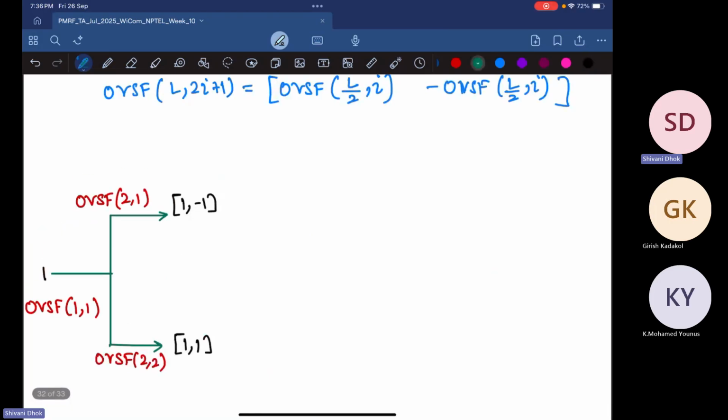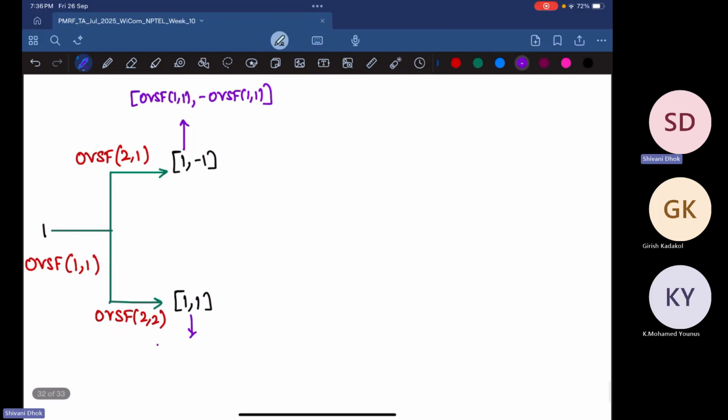So what do we have? This one is basically OVSF of 1, 1, minus of OVSF of 1, 1. And this thing here is nothing but OVSF of 1, 1 and OVSF of 1, 1. Okay. So now we'll again branch it out into 2.